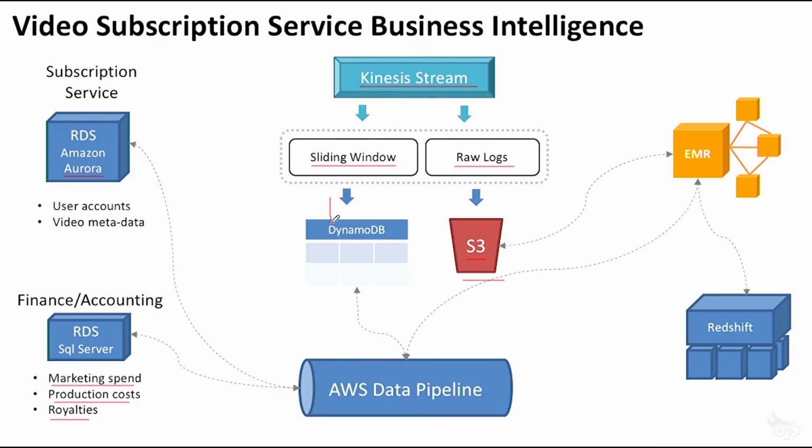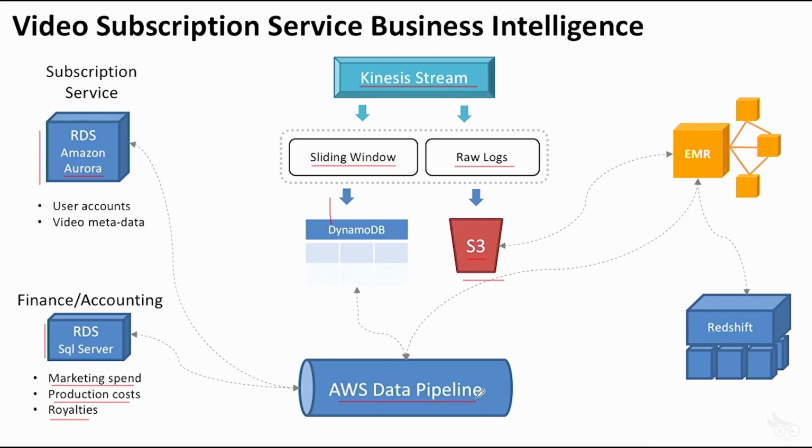And so you can see that we have data stored in a lot of different areas. Each particular database, whether it be RDS, Amazon Aurora, SQL Server, or DynamoDB, is serving a very particular function. But it still means that we have data in a lot of different areas.